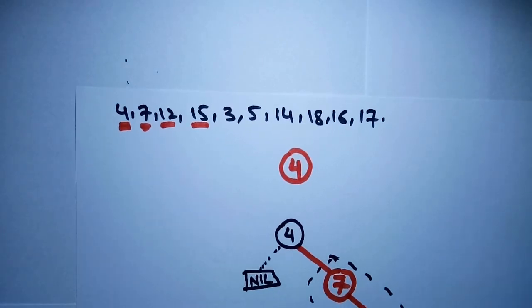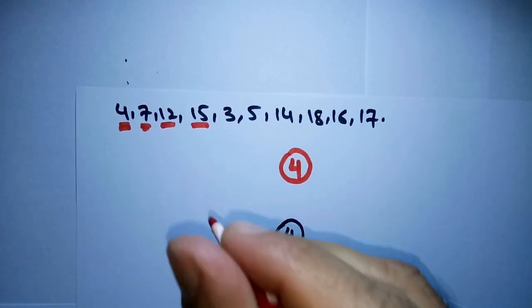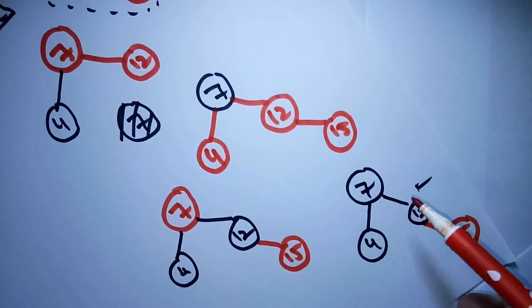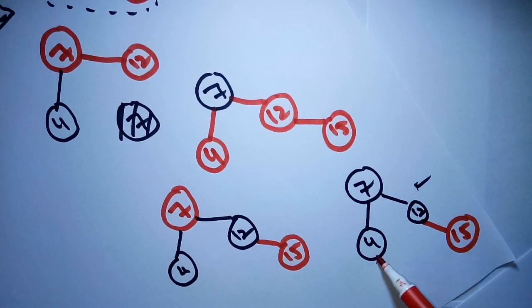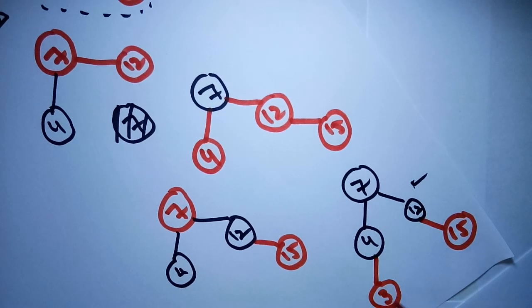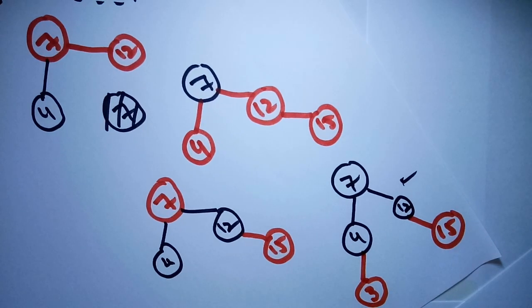If I insert this 3 into this tree, 3 will go in the left of 7, in the left of 4, so 3 will be inserted here, right? So it still follows the property of the red black tree, no problem at all.